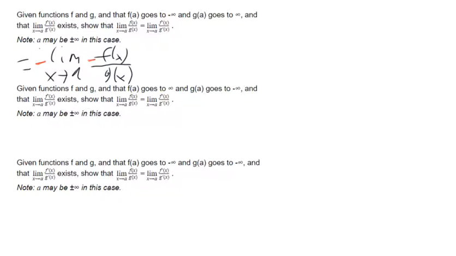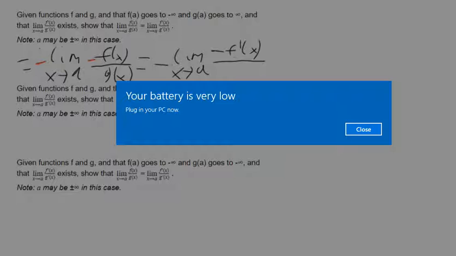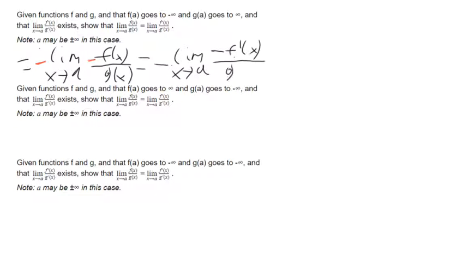But now on the inside, I have positive infinity over positive infinity. So I can do what we proved last time and differentiate the top and the bottom. So I can say that this is going to be equal to negative limit as x goes to a of, well, the derivative of negative f of x is just negative f prime of x. And on the bottom, the derivative of g of x is g prime of x.